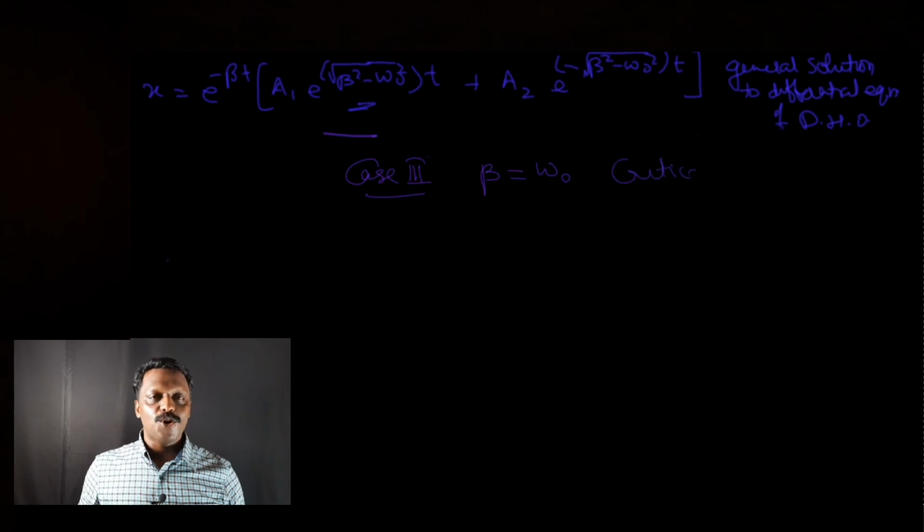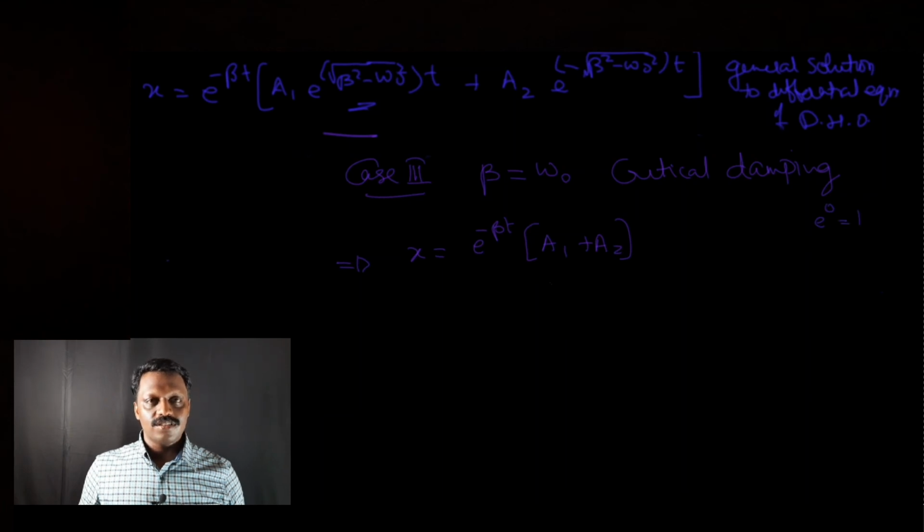If beta is equal to omega naught, of course the root of beta square minus omega naught square term will be equal to 0, which implies that x is equal to e raised to negative beta t times a1 plus a2, as e raised to 0 will be equal to 1.